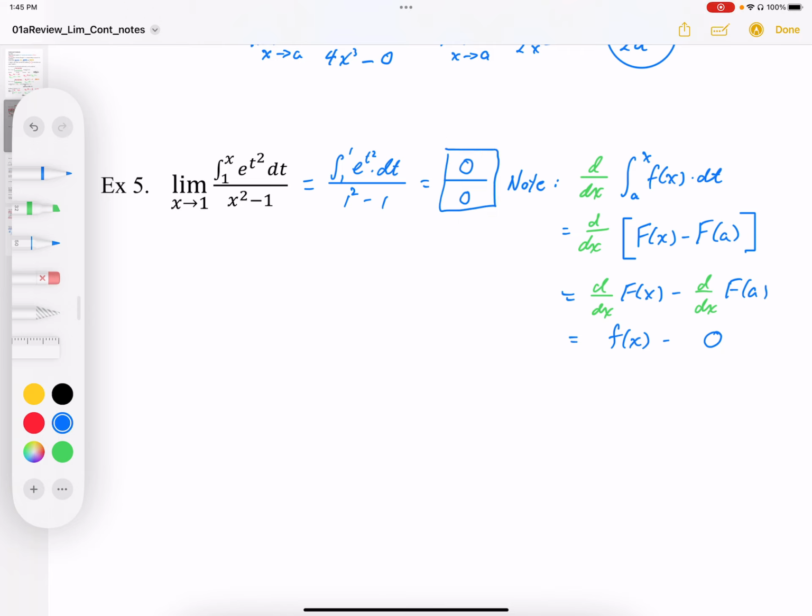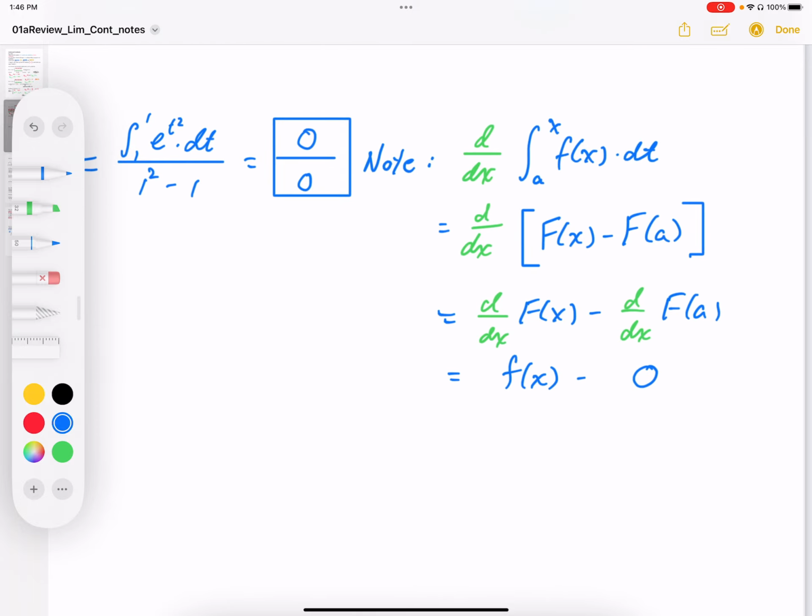I now have the conditions for L'Hopital's. Now, I have an integral expression in the numerator though, and I need to differentiate that expression. So when I differentiate that integral, I'm using the fundamental theorem of calculus, that the derivative and integral will undo each other. And I put a note over here, and this is separate from this work here.